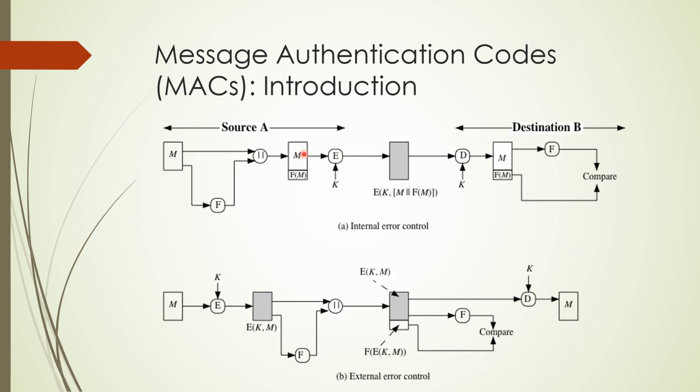Now, if you want to make sure your message is sent in a confidential manner, you can use a symmetric encryption algorithm like AES or DES, using a shared key K to encrypt M and f of M. And after encryption, you just send it to the other side.